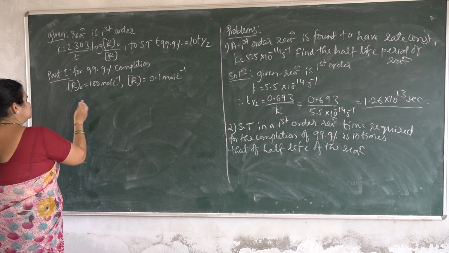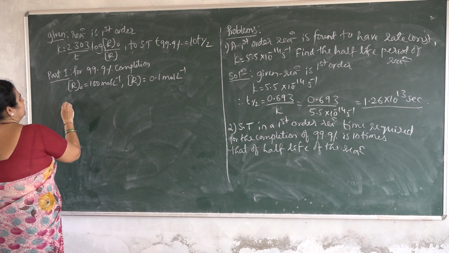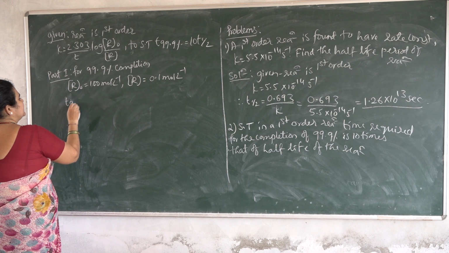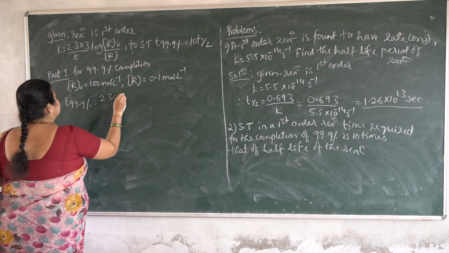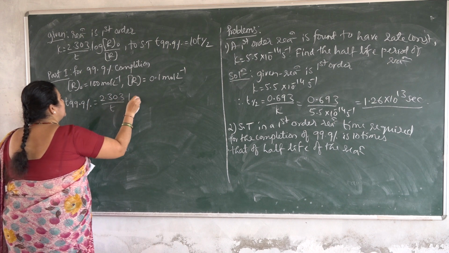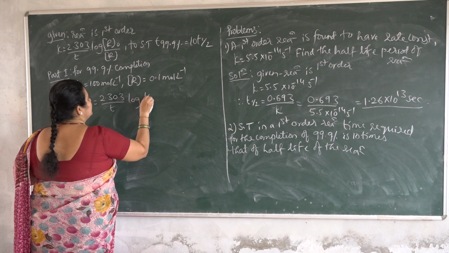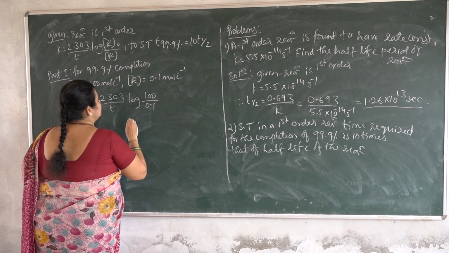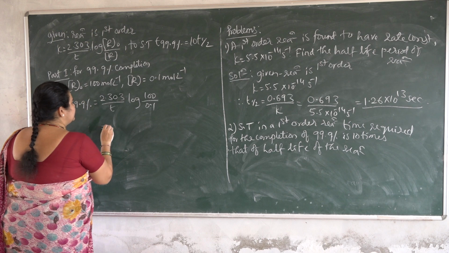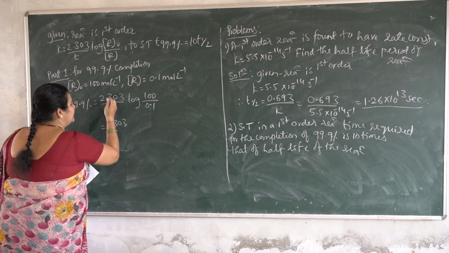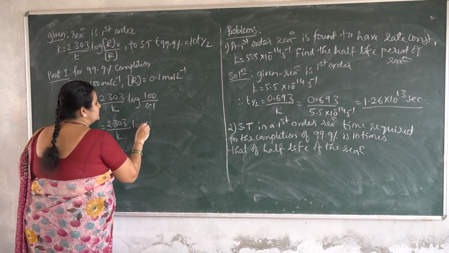So now, K is equal to, for t 99.9%, 2.303 divided by t log of 100 divided by 0.1. So simplify here, 0.1 is 1 by 10. So it is 2.303 divided by K into log of 1000.